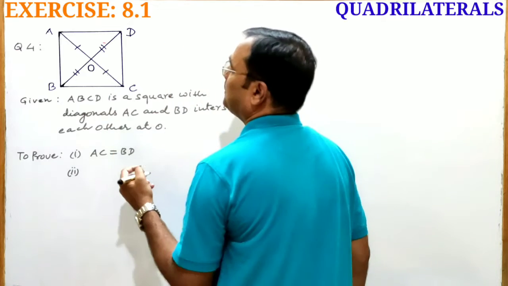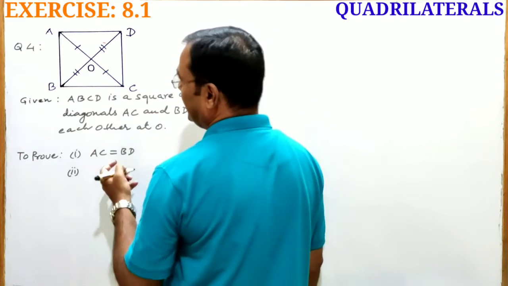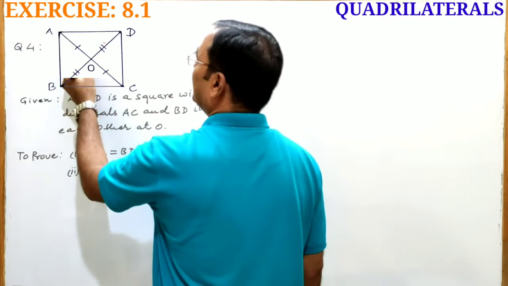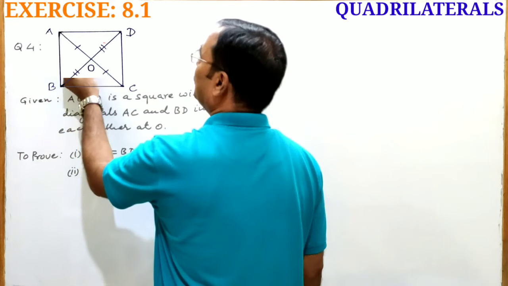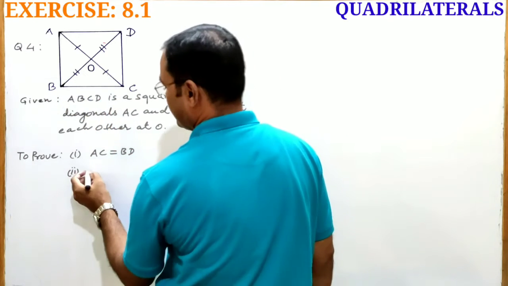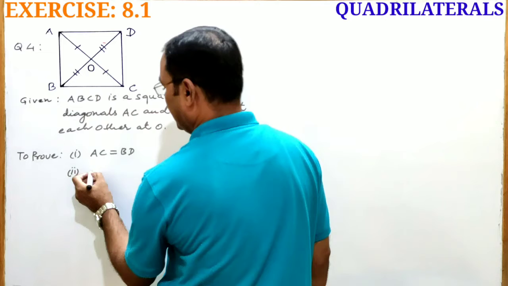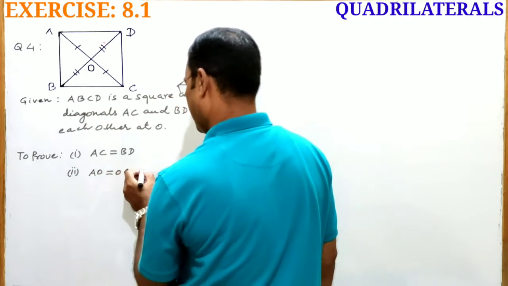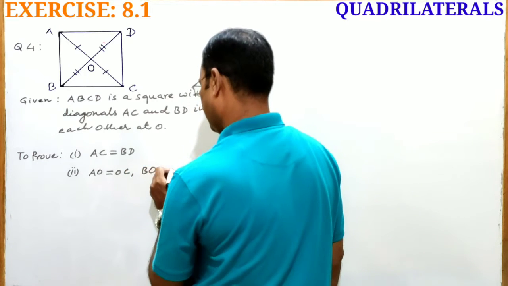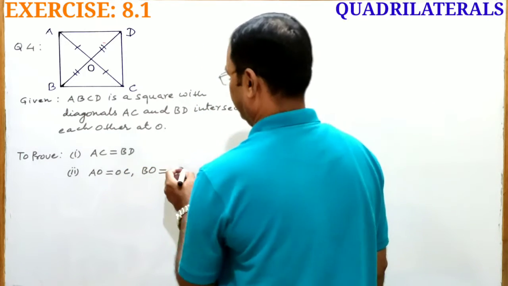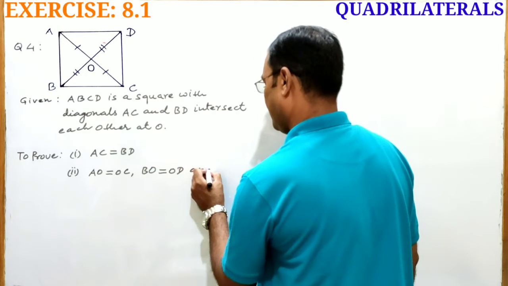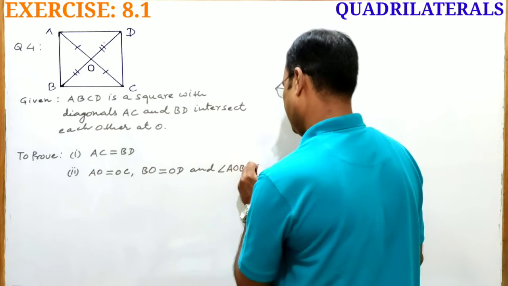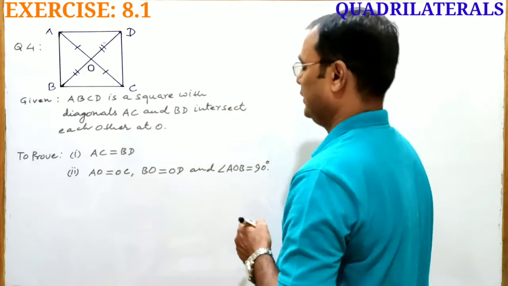Number 2, we have to prove that diagonals AC and BD bisect each other at right angle, that is AO equal to OC, BO equal to OD, and angle AOB is equal to 90 degrees.